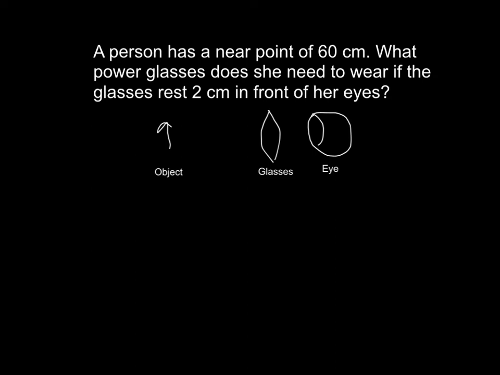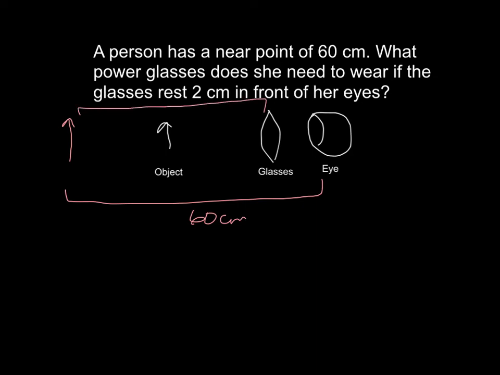Okay, same situation, except this time it's with glasses. So the distance from where the image is going to be to her eye is going to be 60 centimeters. But the distance from that to the glasses, since the glasses are 2 centimeters in front of her eyes, is only 58 centimeters.